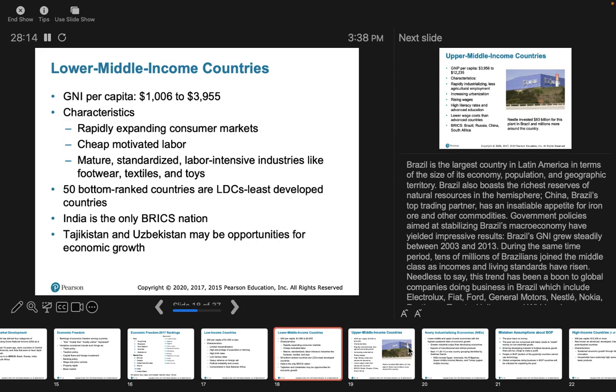China is among the BRICS nations. Brazil's GNI grew steadily between 2003 and 2013. During the same period, tens of millions of Brazilians joined the middle class as income and living standards rose. When income increases, the standard of living also increases.